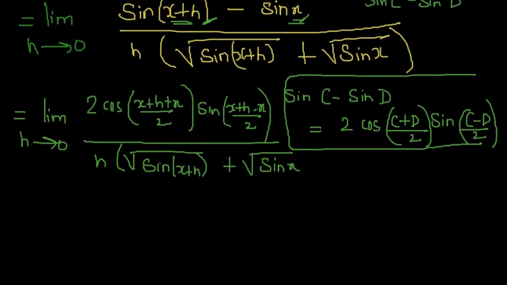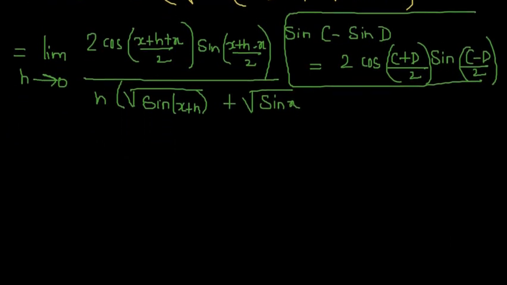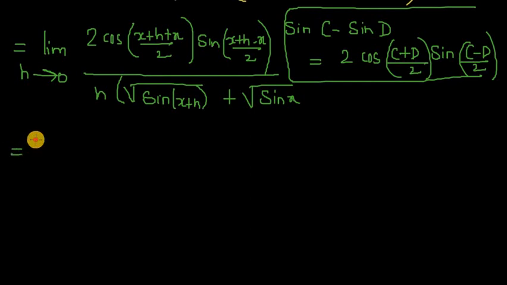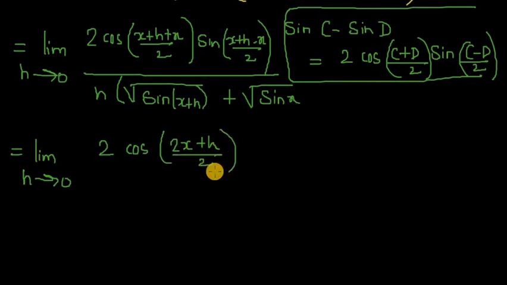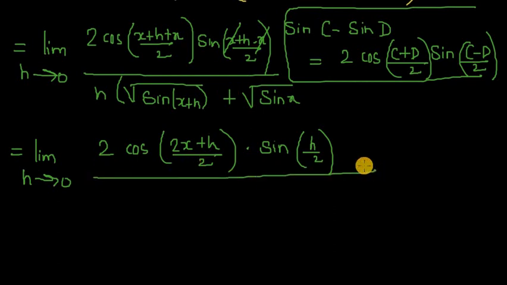So what we are going to do, we are going to simplify it further. So what we get? Limit h tending to 0, 2 cos 2x plus h by 2 into sin h by 2. Why h by 2? Plus x minus x gets cancelled. Upon, I'll shift this h over here. I'll explain you why.